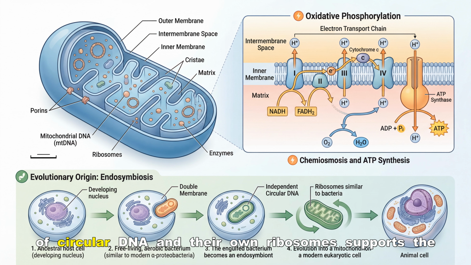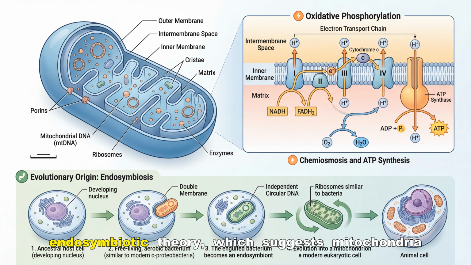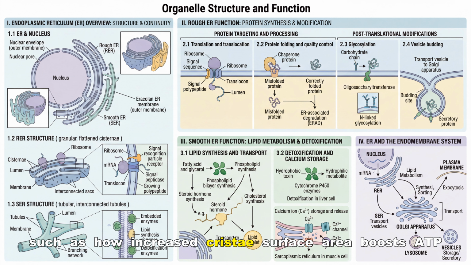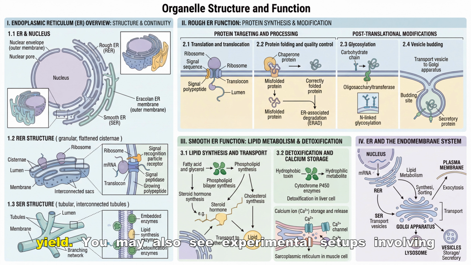The presence of circular DNA and their own ribosomes supports the endosymbiotic theory, which suggests mitochondria evolved from free-living prokaryotes. On the MCAT, questions often focus on linking structure to energy production, such as how increased cristae surface area boosts ATP yield.